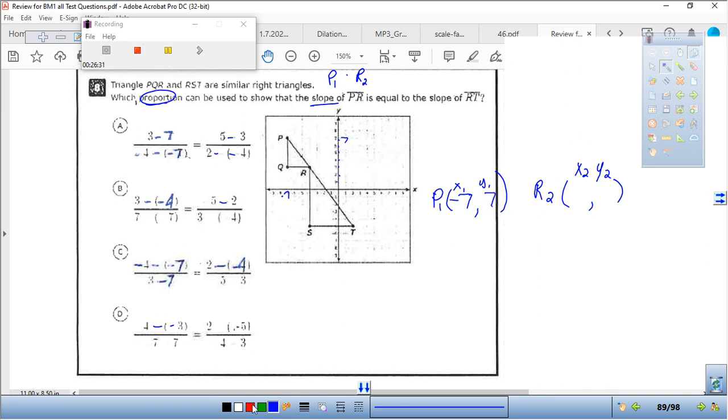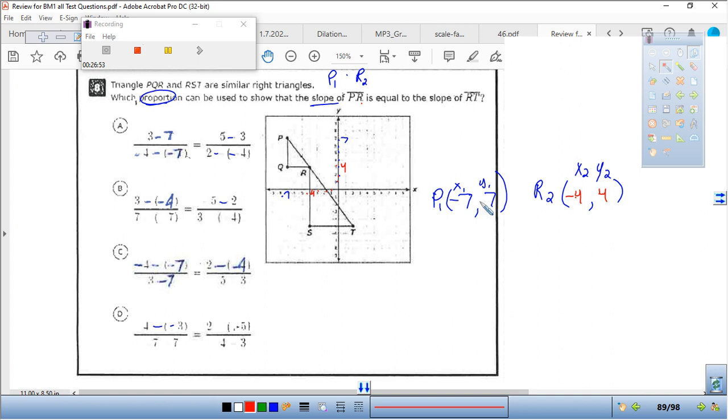Now for point R, the second one they named, I need X2 and Y2. It's going to be at negative 4 and 4.